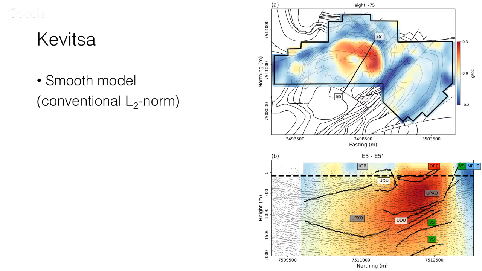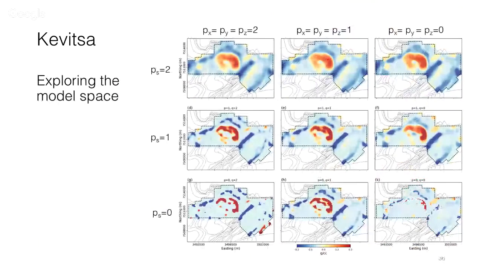So now we'll do this 3D gravity inversion with different norms. What we're looking at here is essentially the same thing, but with different values of P. So all of the P_x, P_y are going to be the same, either 2, 1, or 0, and the P_s is either 2, 1, or 0.